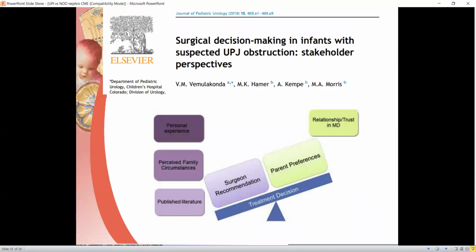Now, this is a paper published from Colorado, on surgical decision making in infants with suspected ureteropelvic junction obstruction, and the stakeholders' perspective. Whenever the treatment decision was made, it was mostly the surgeon's recommendation and then the parental preferences.